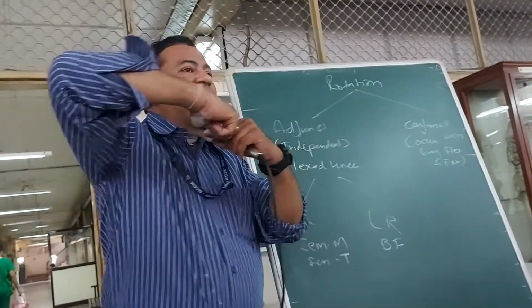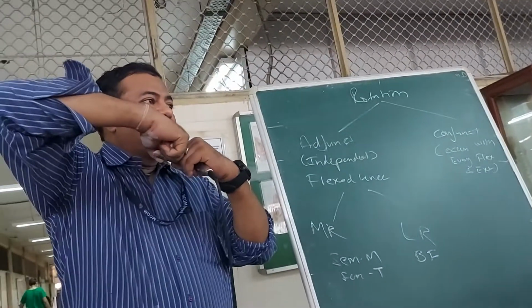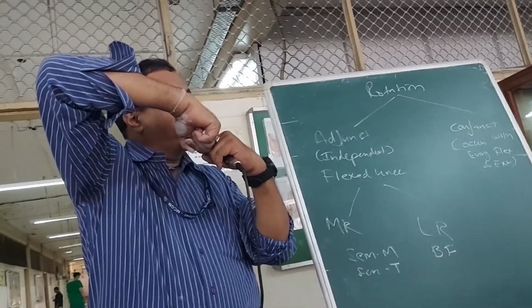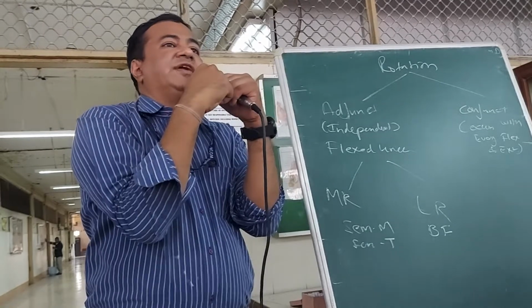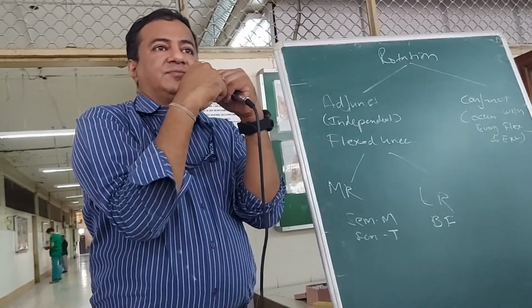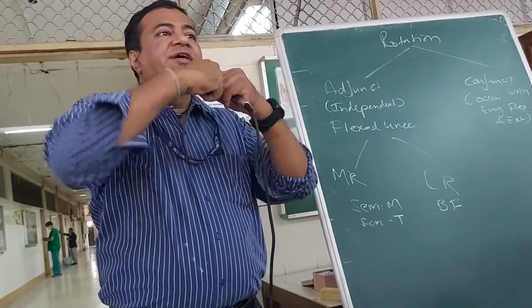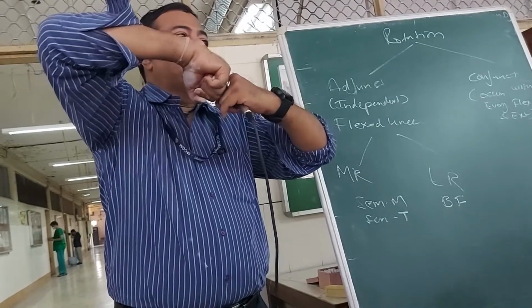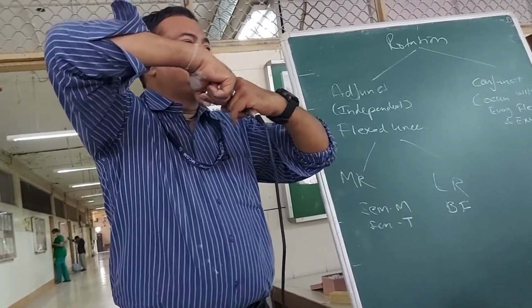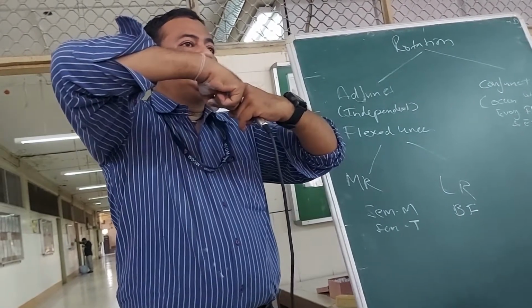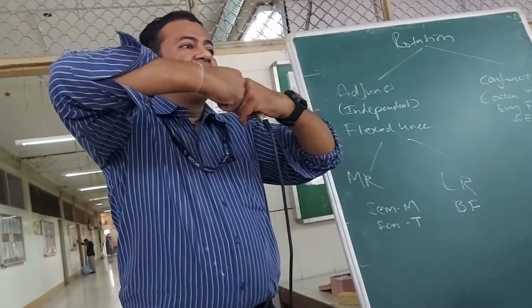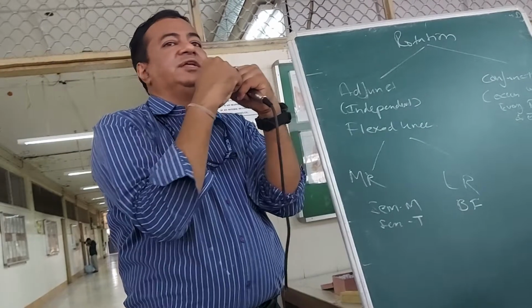What happens during unlocking? In unlocking there is a slight lateral rotation of the femur and then there is flexion. When I am extending again, in the final stages there is medial rotation and the knee gets locked. So flexion, medial rotation, knee gets locked. Lateral rotation, knee is unlocked, then there is flexion.